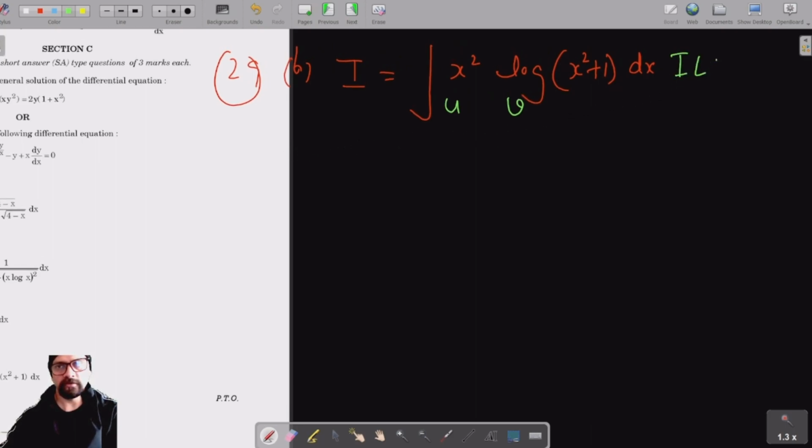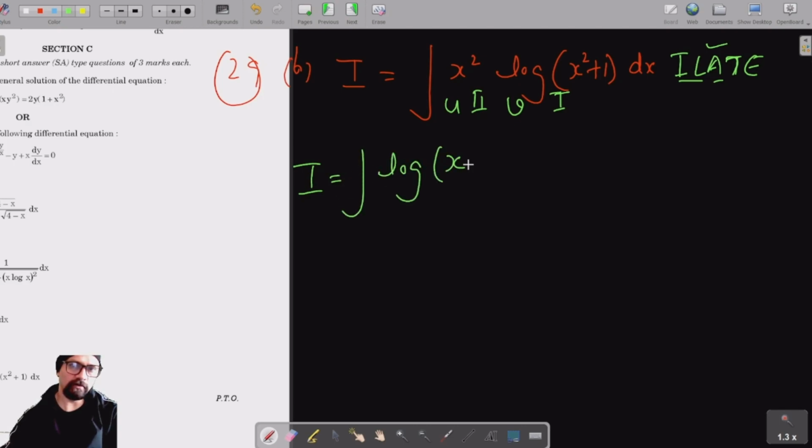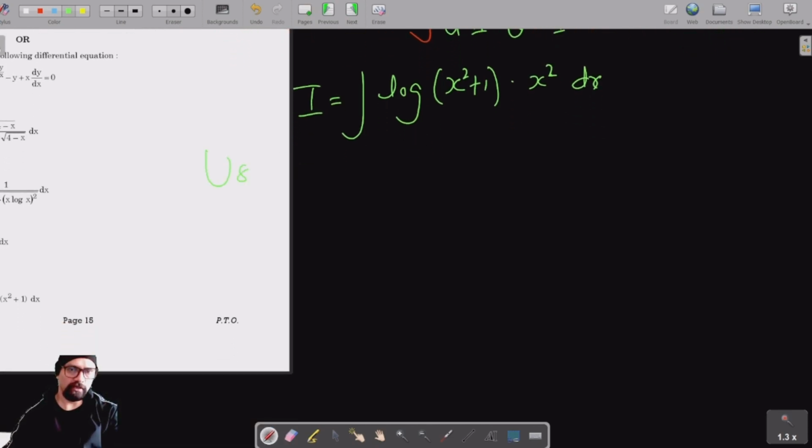And for using integration by parts, let's put them in order using ILATE. So algebra, log is the first function, and algebra, x square is the second function. So I is equal to log of x square plus 1 into x square into dx. And now we are going to use integration by parts.